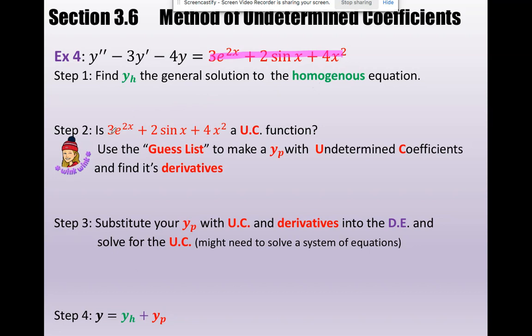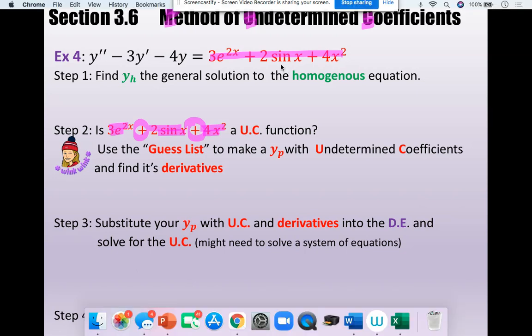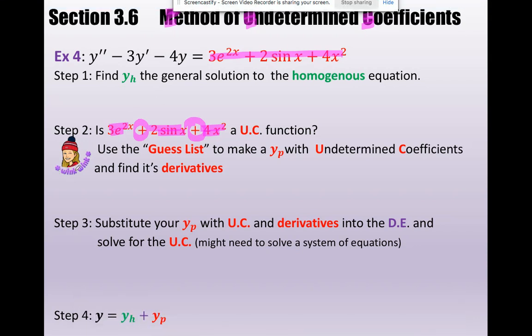But notice that each one of those is a UC function. To use the method of undetermined coefficients, I can deal with g of x over here being lots of stuff as long as it is some kind of combination of our guessed list.